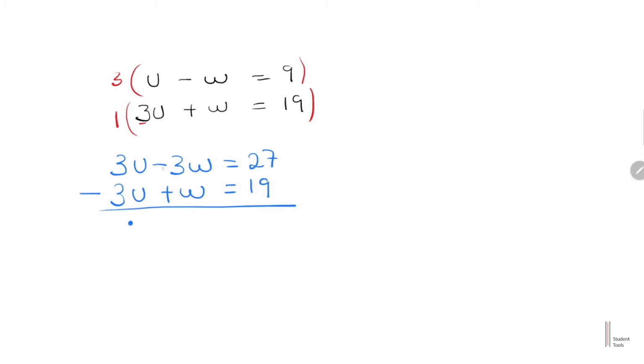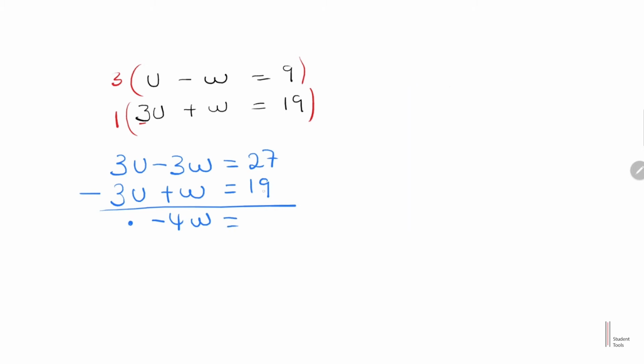So now we have minus 3w subtract positive w. So that is more like negative 3 minus 1. So what is negative 3 minus 1? That is equal to negative 4. So that means here we have negative 4w.